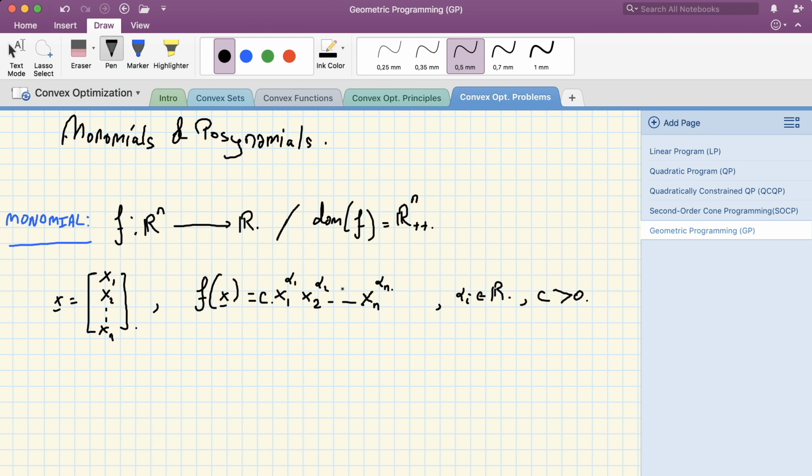Your alphas could be negative, meaning that your x's could appear as fractions in the denominator. So an example could be something like this, 2 x1 root x2 over x3 to the power pi, for example. So here my alpha 1 is 1, my alpha 2 is half, and my alpha 3 is minus pi.